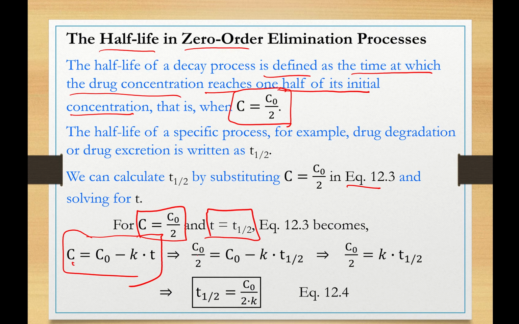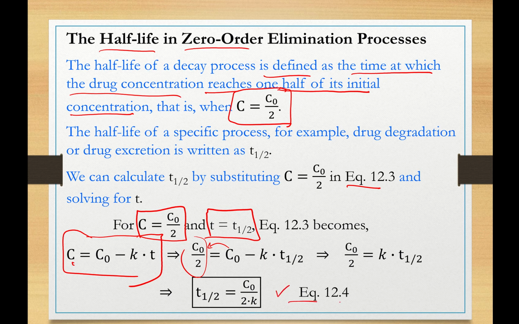So C0 over 2 is equal to C0 minus K T-half. Cutting out the algebra, I get C0 over 2 is equal to K T-half, and then T-half, my half-life, is equal to C0 over 2K.